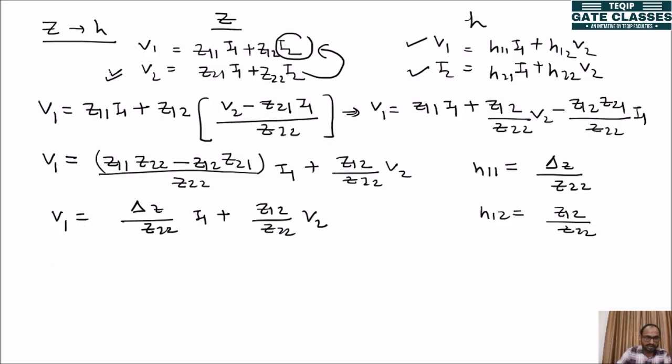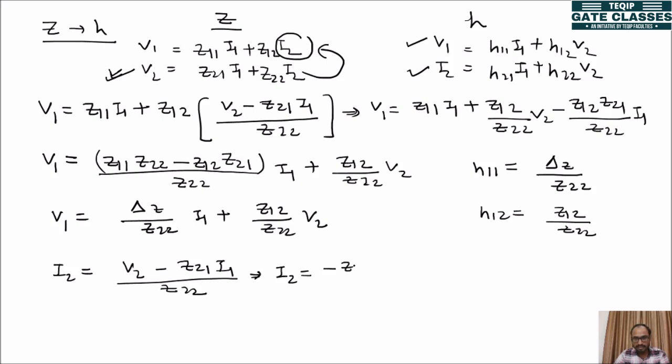So from this second equation of the Z parameters, we can write I2 is equal to V2 minus Z21 I1, divided by Z22. Okay, so we can write I2 is equal to minus Z21 divided by Z22 I1 plus 1 by Z22 V2.